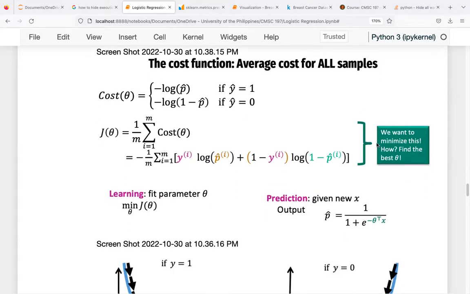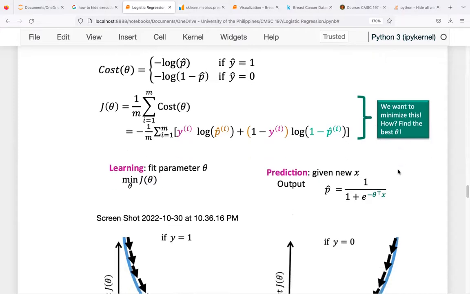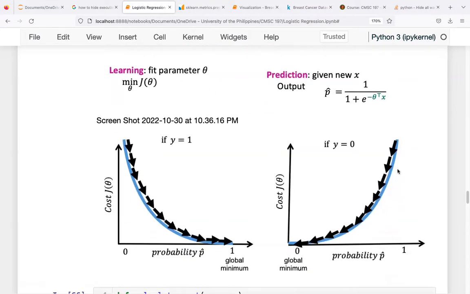And now, this cost function must be minimized. In other words, if the true label, or true classification, is equal to 1, then we want the probability to be as close as possible to 1. Okay, because if the probability is far away from 1, then the tendency is that the cost will also increase.